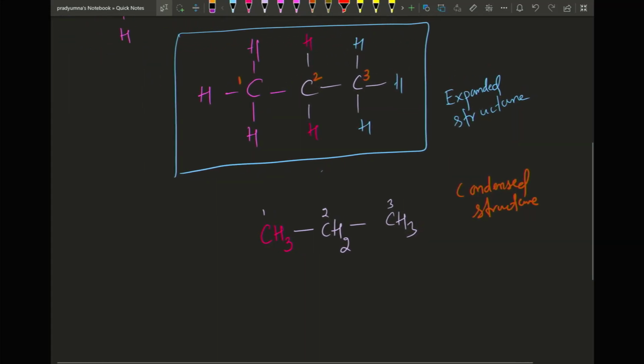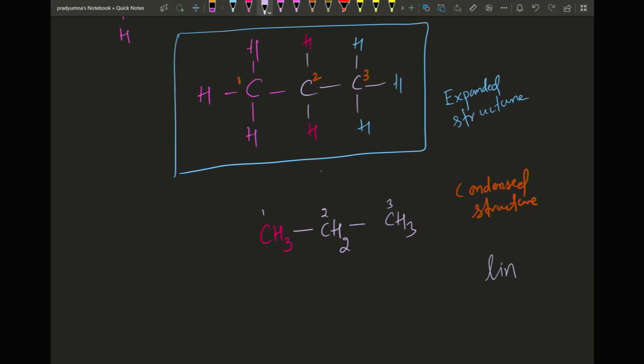The last type of structure you'll see in the book and everywhere is called line angle structure. In line angle structure, we don't write hydrogen, so no need to show hydrogens. We just assume the hydrogen is there.